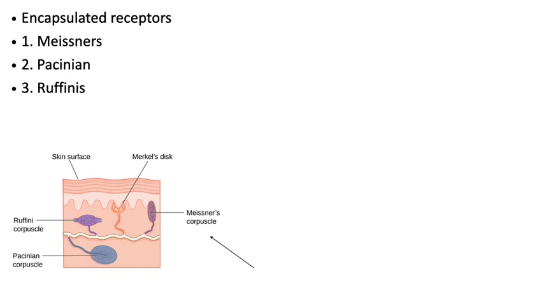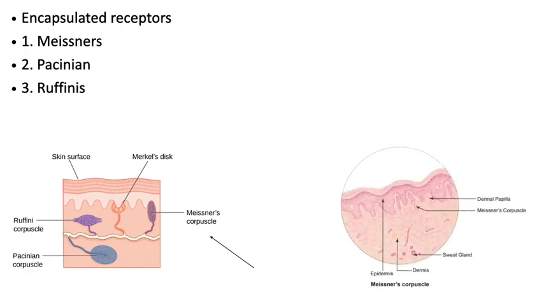Then there is the Pacinian corpuscle. Pacinian corpuscle is found in the dermis and it is also present in ligament and joint capsule. This is typical, it resembles a sliced onion. There are many lamellae, concentric lamina, and it is sensitive to pressure and vibration. Found in the dermis. See this?